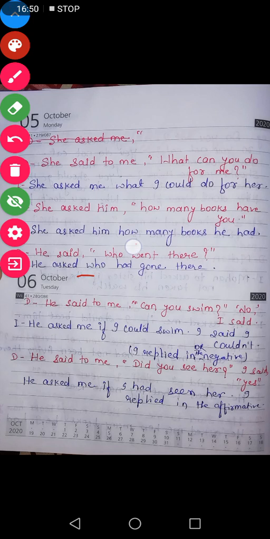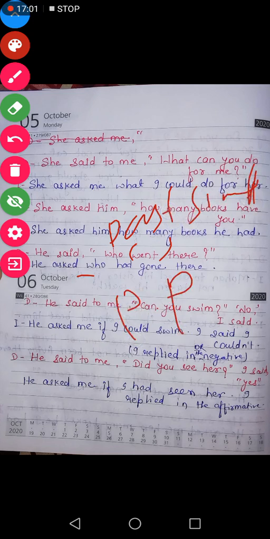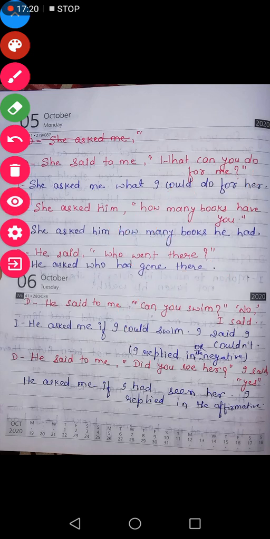Who? Went. Went is which tense? Past simple. Past simple changes into past perfect, and in past perfect what helping verb is used? Had. So that is why who had gone. With had we use the third form of verb. So who had gone there. In this way its indirect is completed.